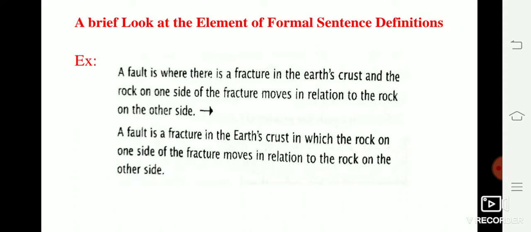Using "where" sounds quite informal, but if you want your writing to be more formal, you use "in which" rather than "where".